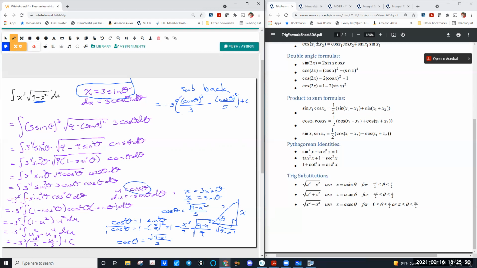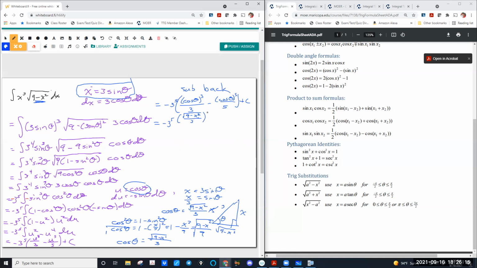It's going to be a mess, guys, but this right here has to be subbed in for the cosine up here. So we got to be a little careful. So minus 3 to the 5th. We have square root of 9 minus x squared over 3.